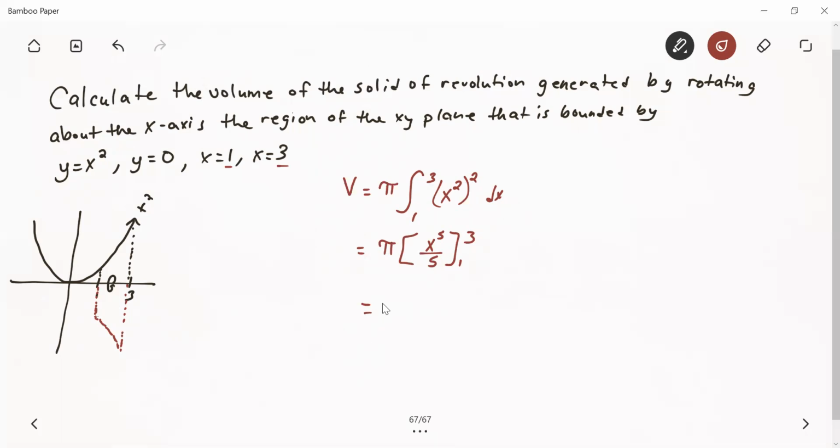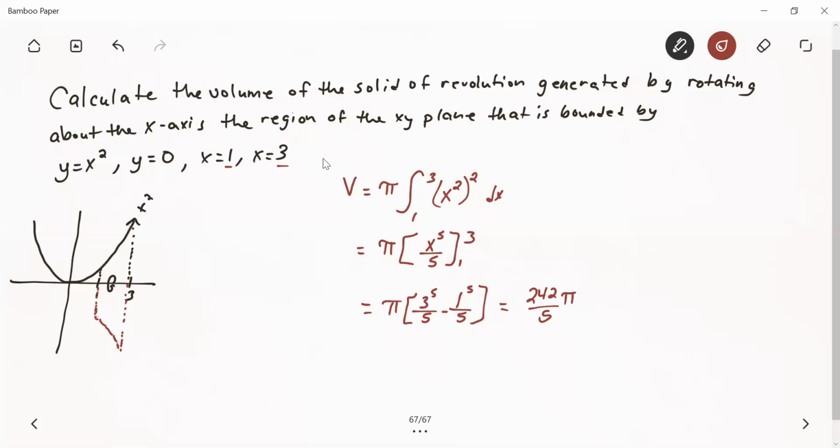This gives me pi times 3 to the 5th over 5 minus 1 to the 5th over 5, which is 243 over 5 minus 1 over 5, so 242 over 5 pi is the volume generated when you revolve this around the x-axis.